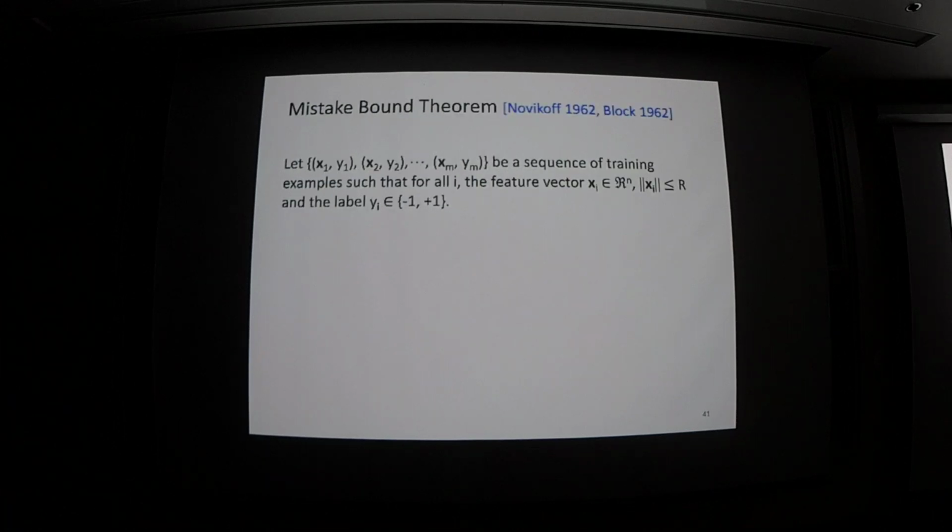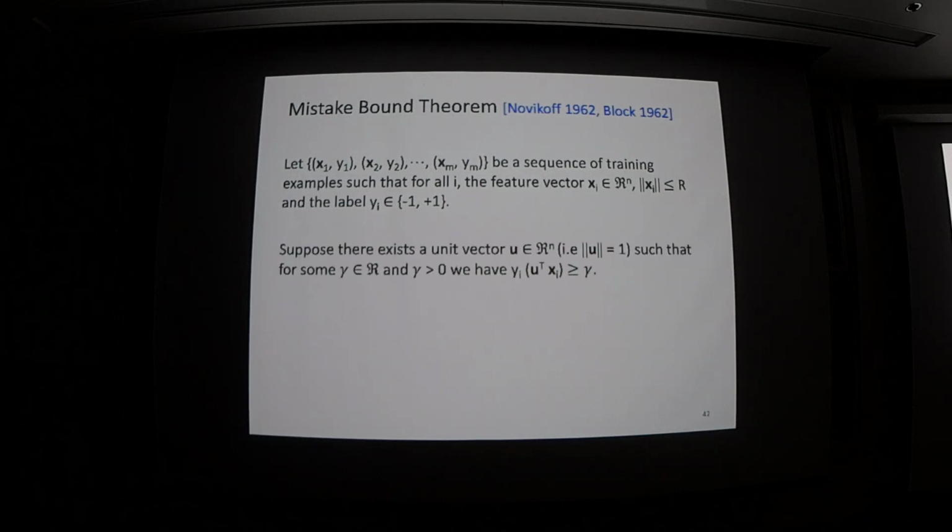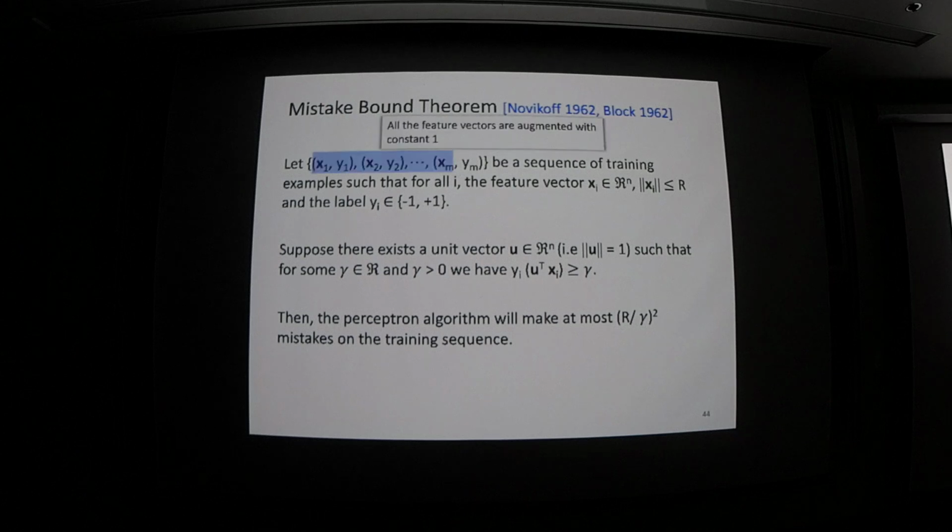And then we can talk about the so-called mistake bound theorem, which characterizes how many mistakes our perceptron learning algorithm at most makes to find a separating hyperplane. Basically, we assume our training set is a sequence of m input-output examples: x1, y1, x2, y2, to xm, ym.